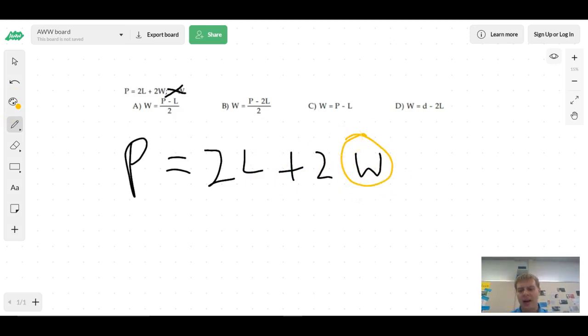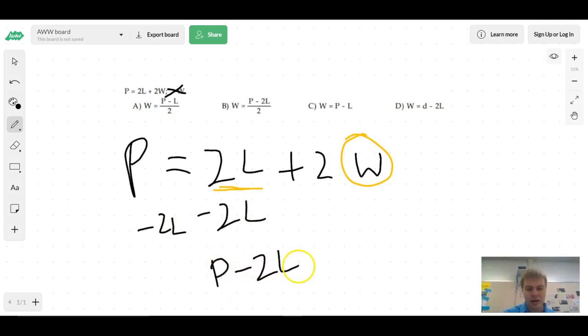So then we're going to think about, how would I get w by itself? Well, the first thing I know is I don't want this 2l on the same side as w if I want to get it by itself. Now how would I get rid of that 2l? Well, I would just subtract it over. So we're going to subtract that 2l over and get p minus 2l equals 2w.